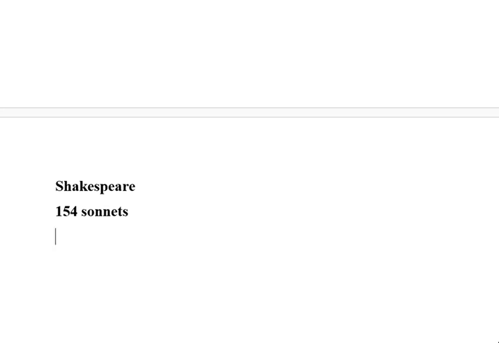In these 154, the first 126 are addressed to a young man who is believed to be William Herbert, and the next 26 are addressed to a dark lady who has betrayed Shakespeare for another young man, right?